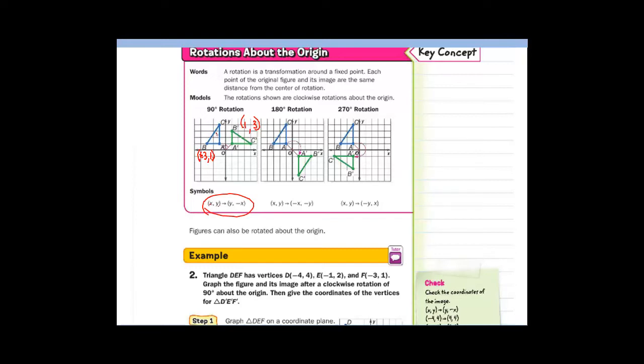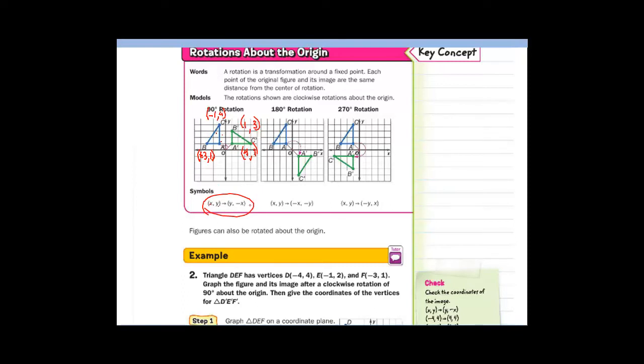All right, let's try another one. C was -1, 1, 2, 3, 4, -1, 4. So our C prime, the x is going to change signs and it's going to go to the y position. So it should be 4, 1. X is 4, y is 1. So that's what this talks about right here.